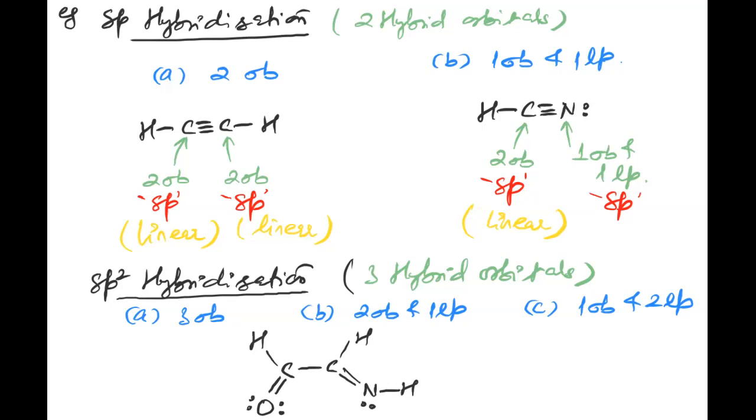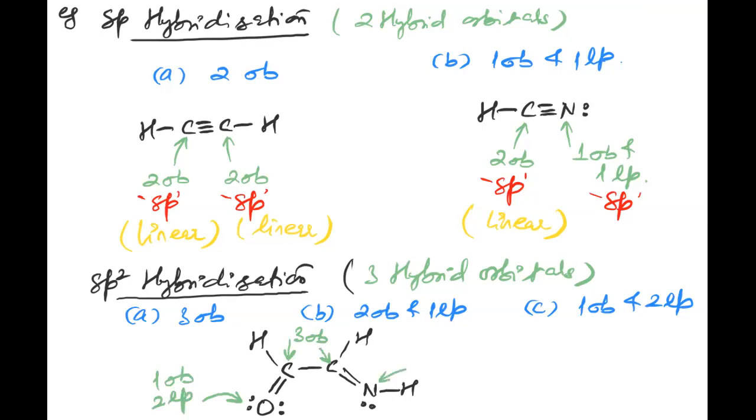In this case, carbon is forming 3 sigma bond, same as this carbon. Both carbon forming 3 sigma bond. This oxygen has 1 sigma bond and 2 lone pair of electron.